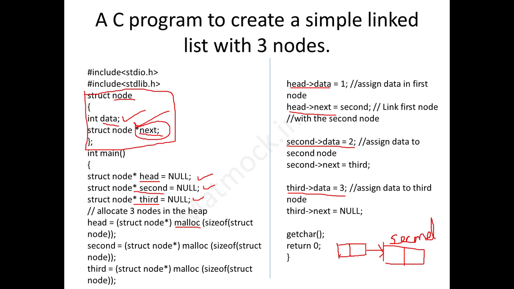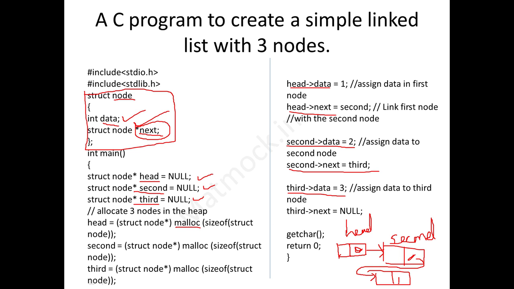This is your second node. This is your head node. The head of next is pointing to the second node, and second of next will be pointing to the third node. Hence we write second of next is equal to third.